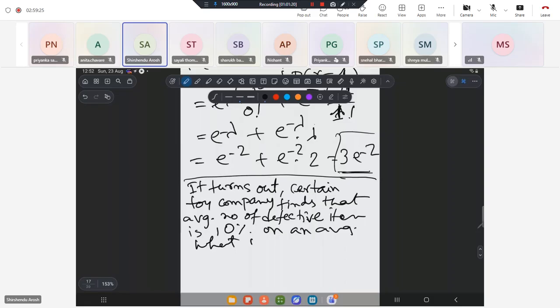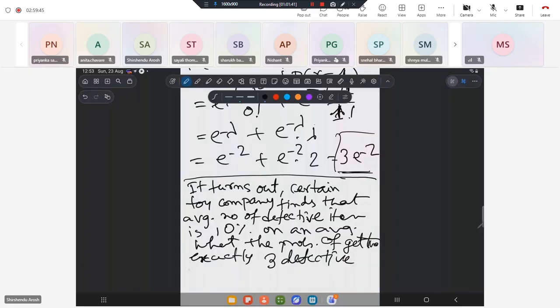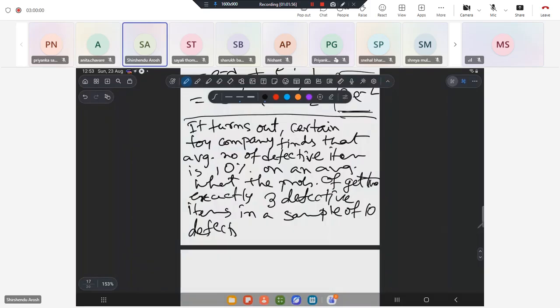What's the probability of getting exactly three defective items in a sample of 10 items?